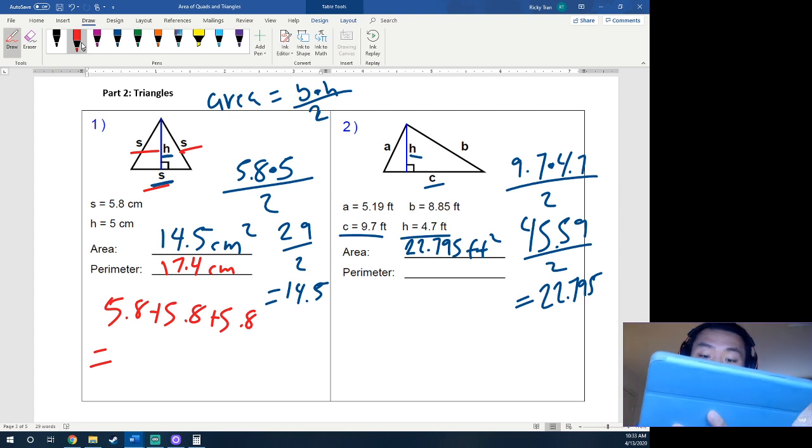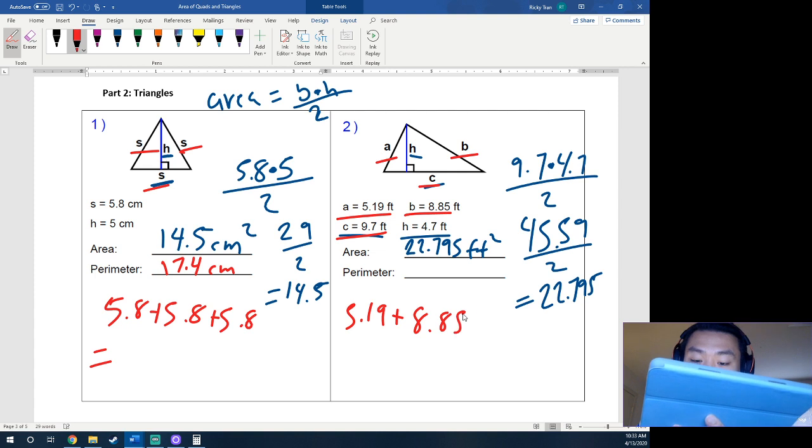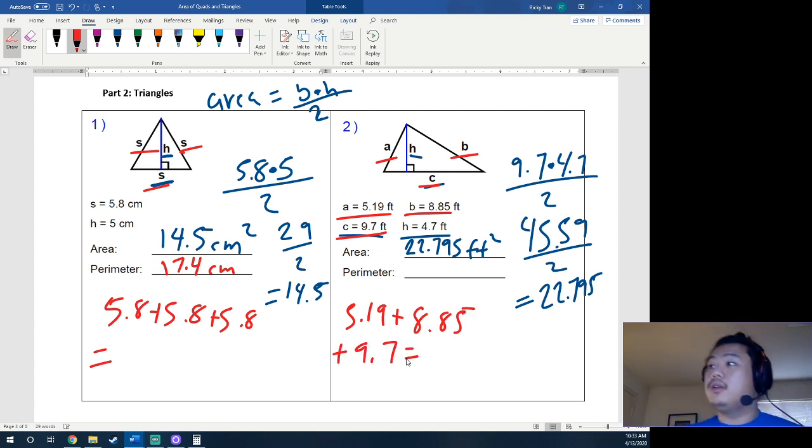Okay. Perimeter is to add all the sides. In this case, we have just C, A, and B. So 5.19 plus 8.85 plus 9.7.